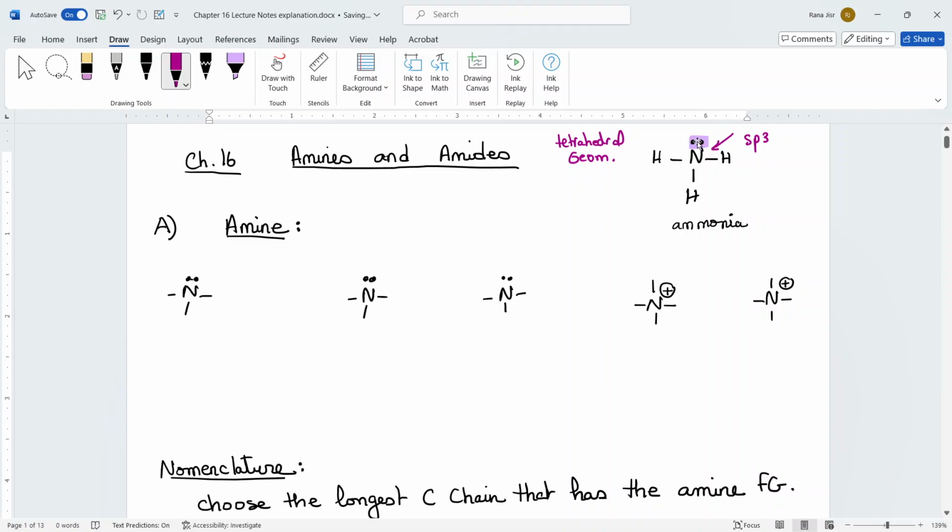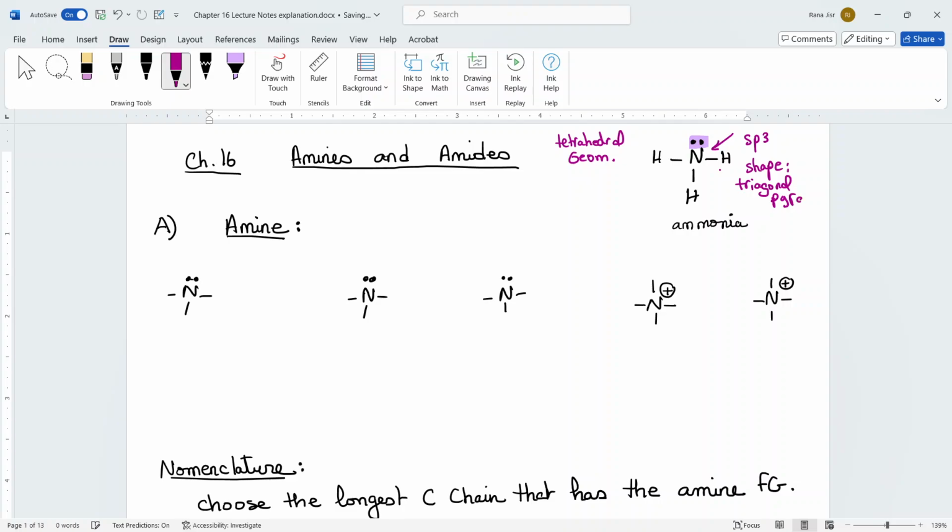So if the lone pairs are present, they are going to squish these bonds and make the bond angle less than the tetrahedral ideal bond angle, which is 109.5. So the bond angle here is going to be around 107, and the shape is going to be trigonal pyramidal.